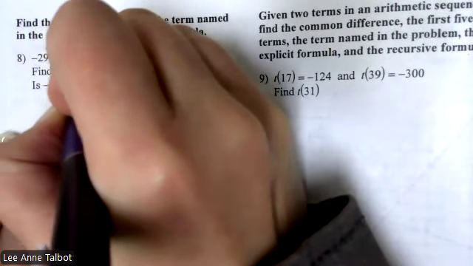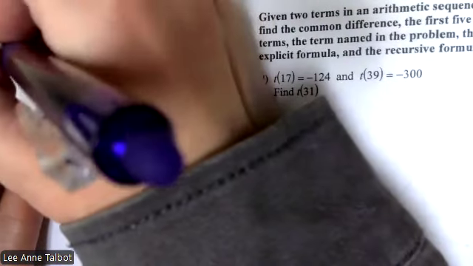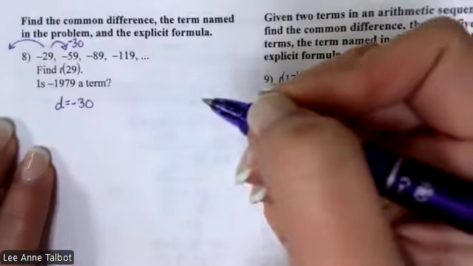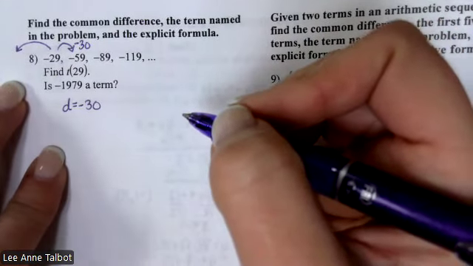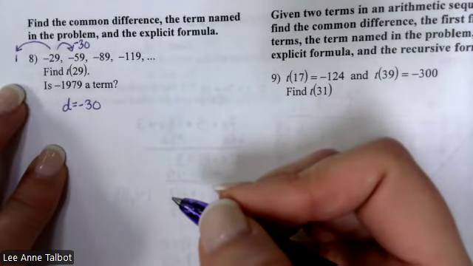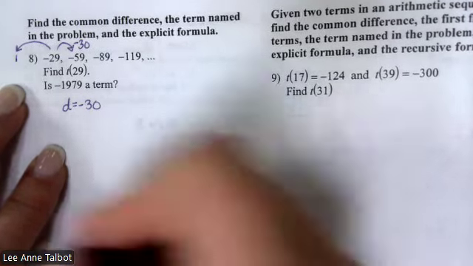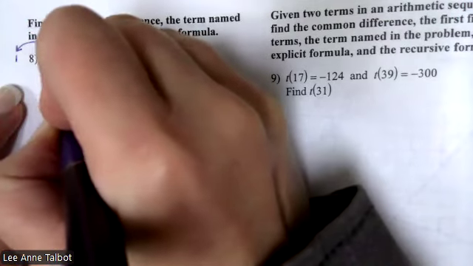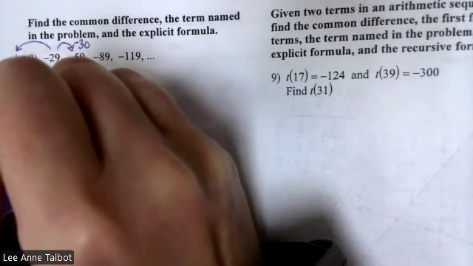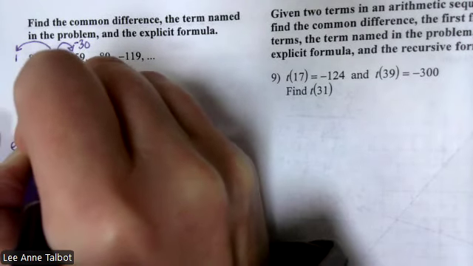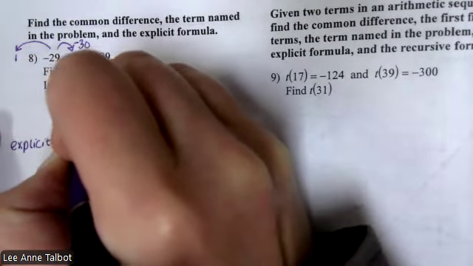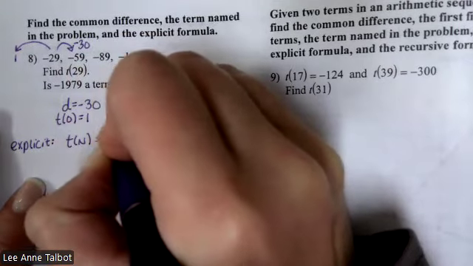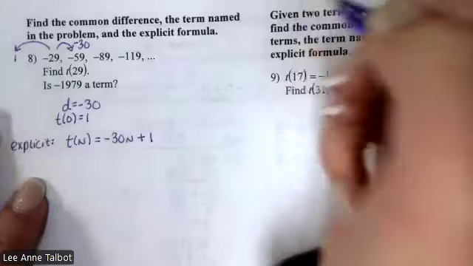D equals negative 30. And if I go up 30, that would be positive 1, correct? That makes sense to us? So explicit is going to be T of n equals negative 30n plus 1.